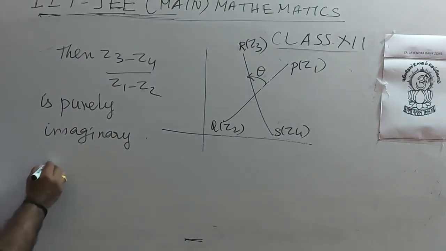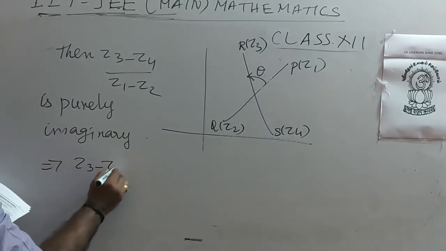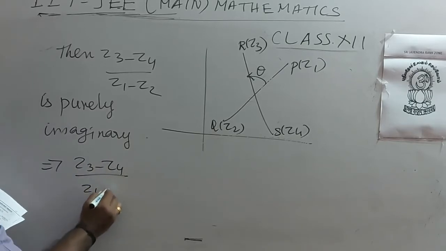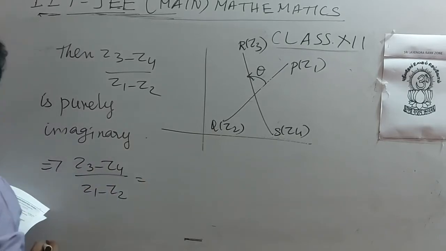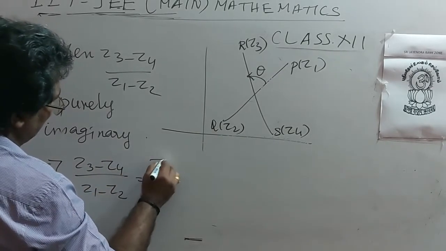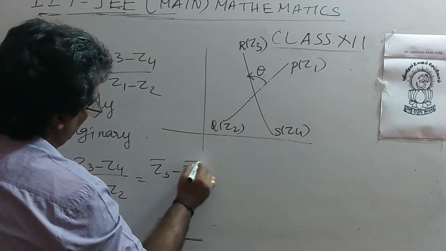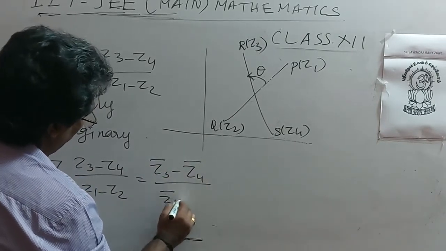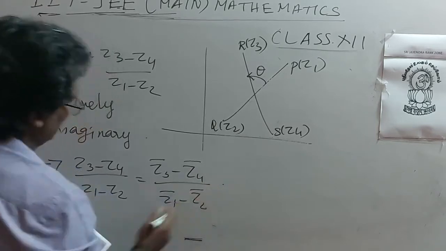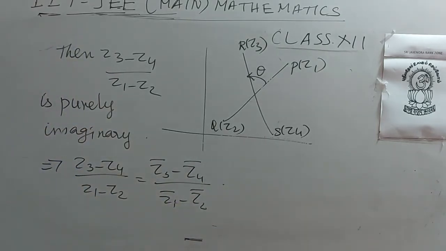Which implies Z3 minus Z4 divided by Z1 minus Z2 equal to Z3 bar minus Z4 bar divided by Z1 bar minus Z2 bar.